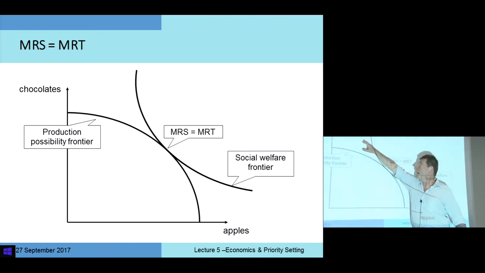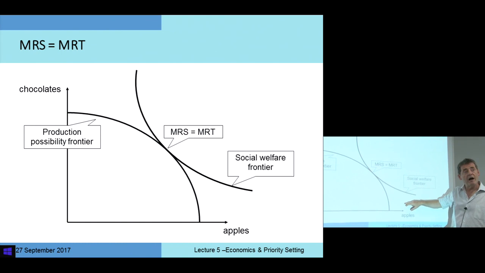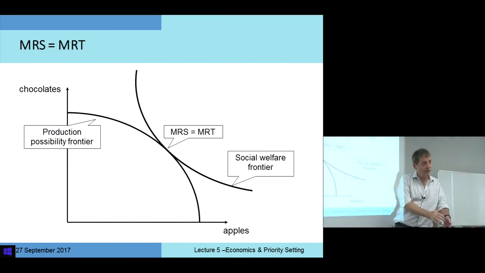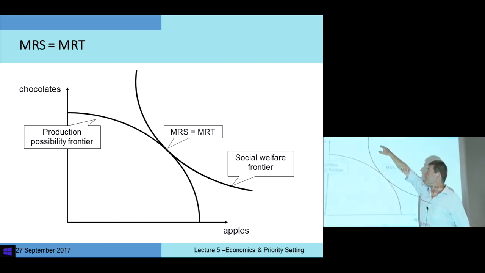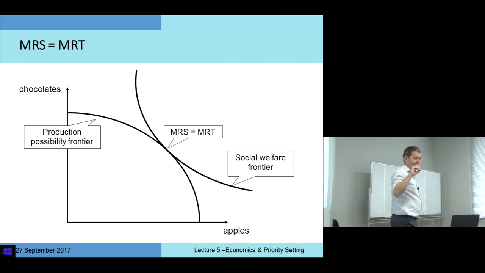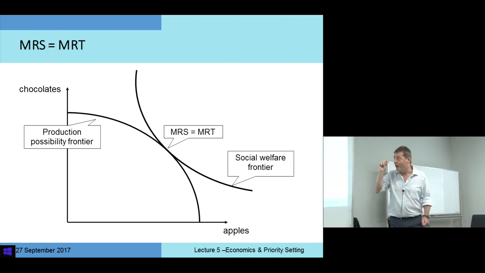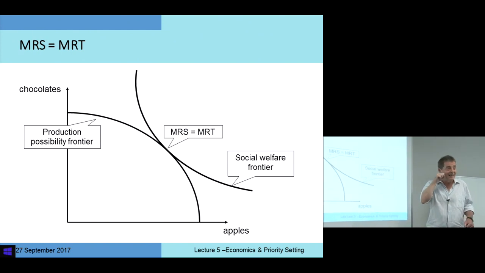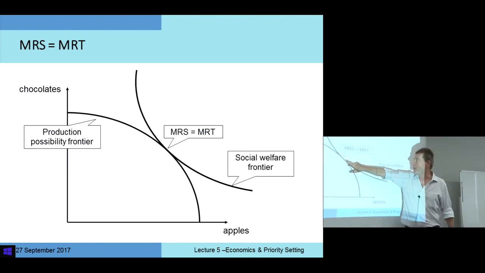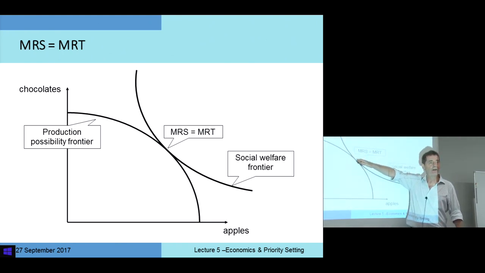We can imagine other curves down here, where society is less well off, they're on a lower social welfare frontier, and we can imagine other curves higher up. But the point is, given our technology, given our available resources, the highest social welfare frontier we can get to is this one. And at that point here, we're just able to reach this higher frontier.